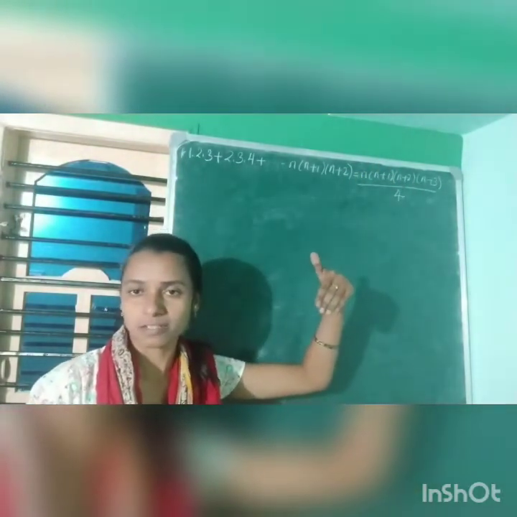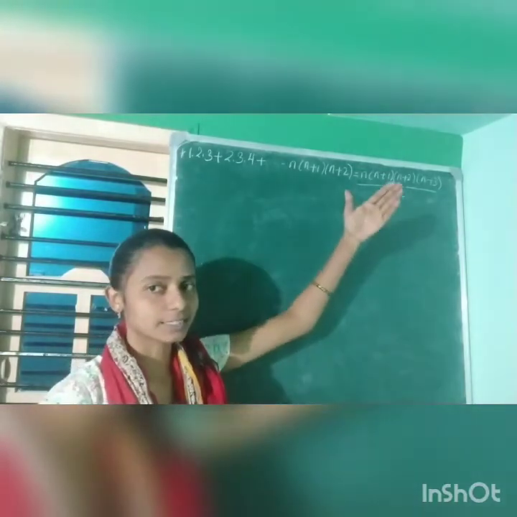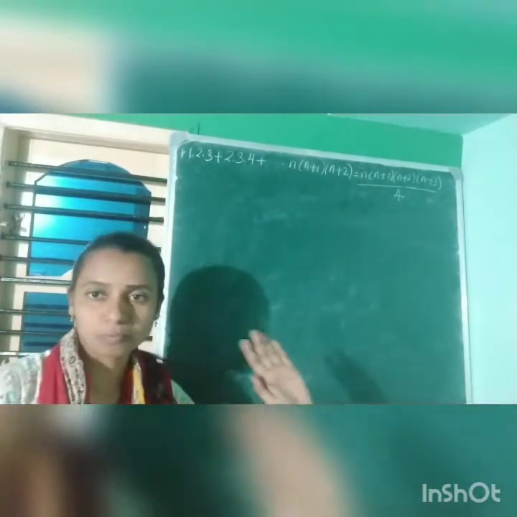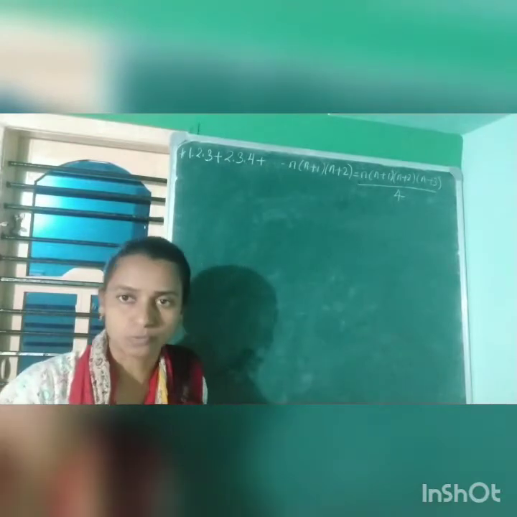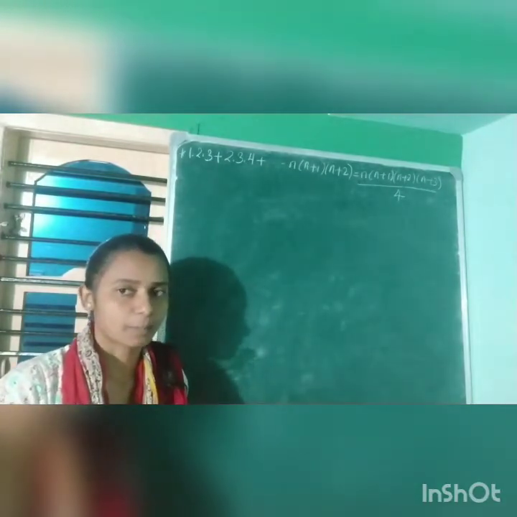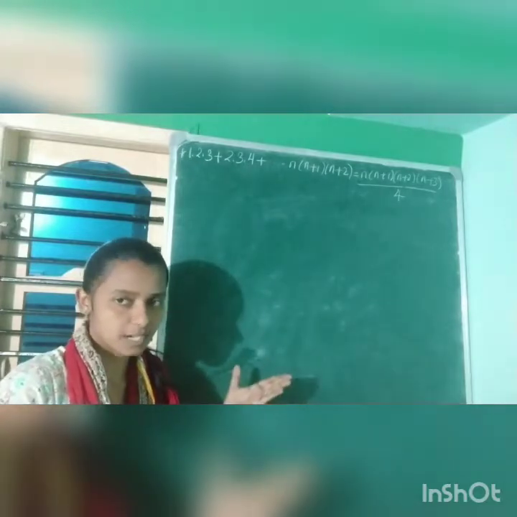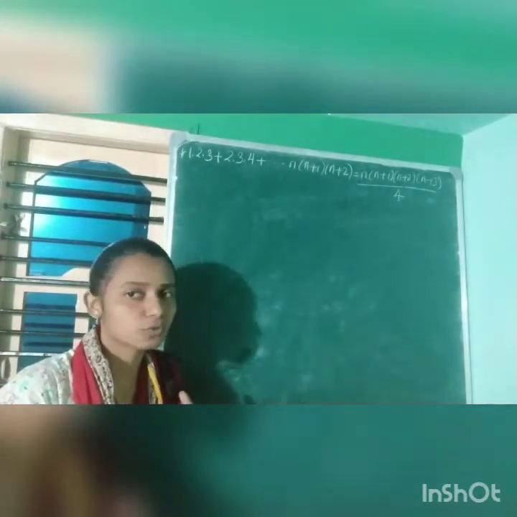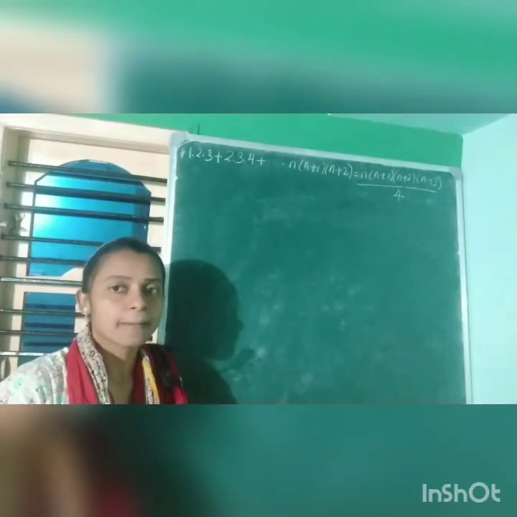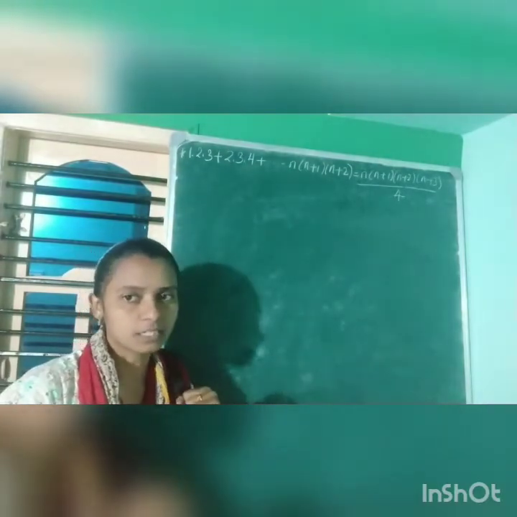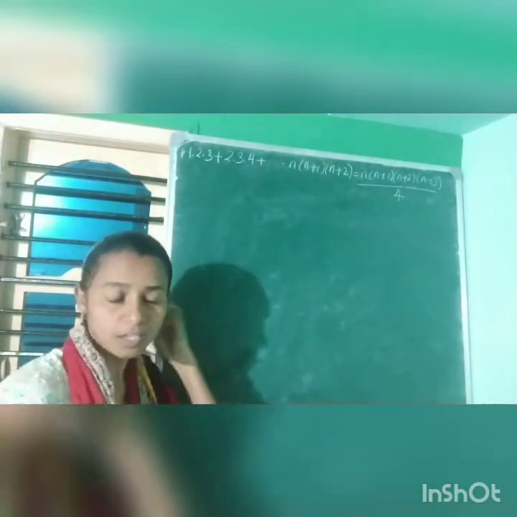Once you get that result, you can conclude that P of k plus 1 is also true. Once P of k plus 1 is true, then you can say that the given statement, P of n, is true for all natural numbers by the principle of mathematical induction. Okay, we'll just go with that.